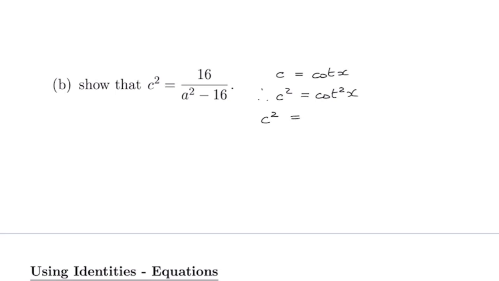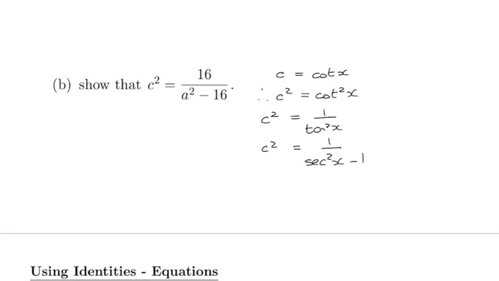We know that cot squared is 1 over tan squared x, and that tan squared is sec squared x minus 1. Now we need to introduce into it cos.